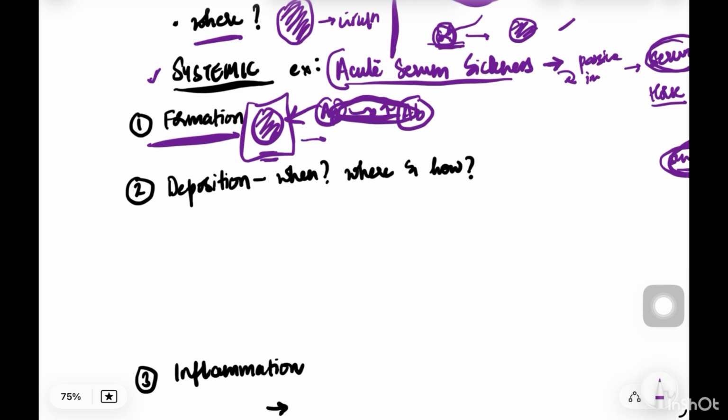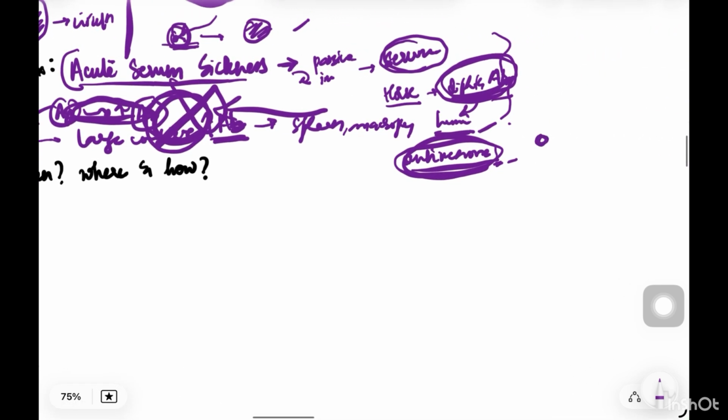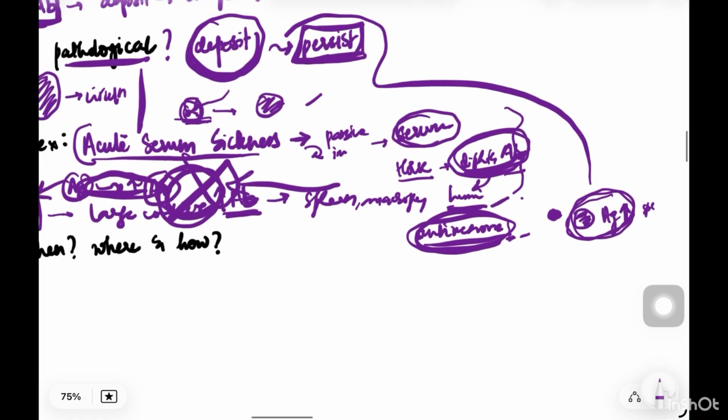In this case, also, if it's a large complex with a lot of antibodies, with antibody excess rather than antigen excess, these are easily recognized. You see something huge, the spleen, the macrophages, they're going to spot these and destroy them. But if the immune complexes are much smaller and they have an excess of antigens, these tend to evade the defenses of the spleen and macrophages, and these then persist in the circulation.